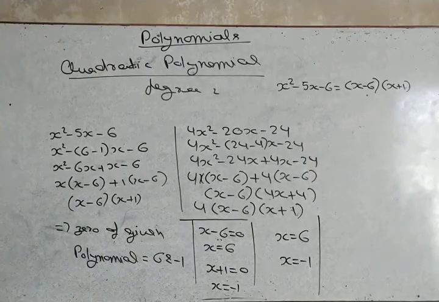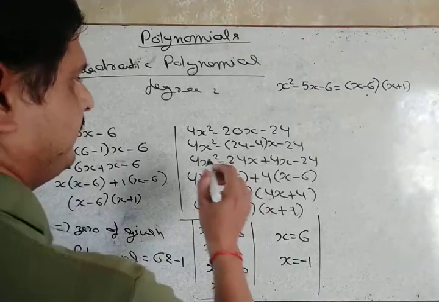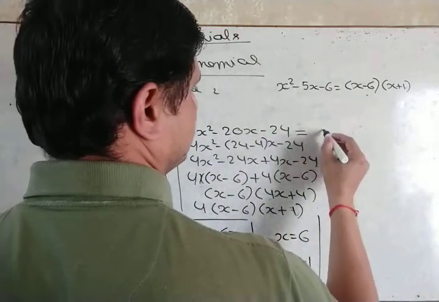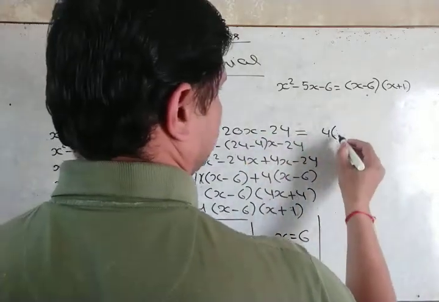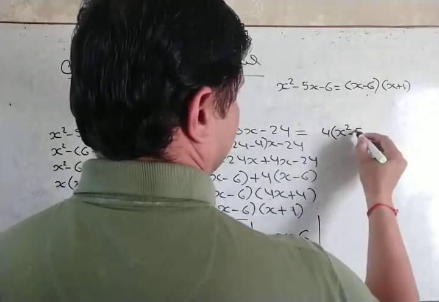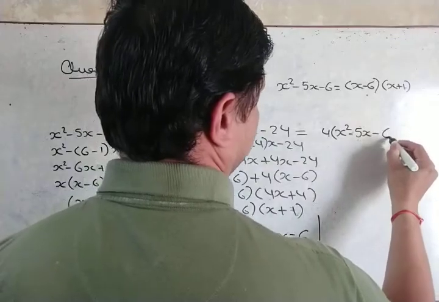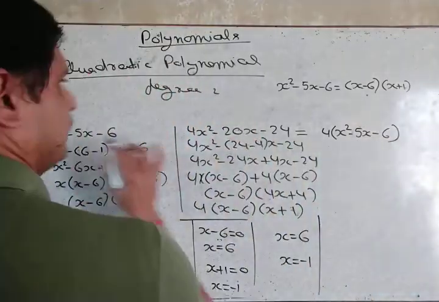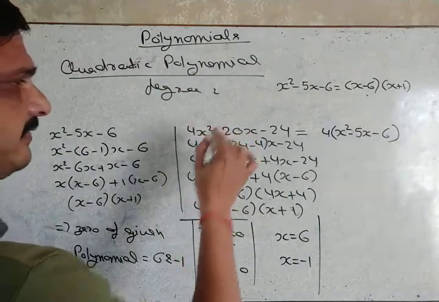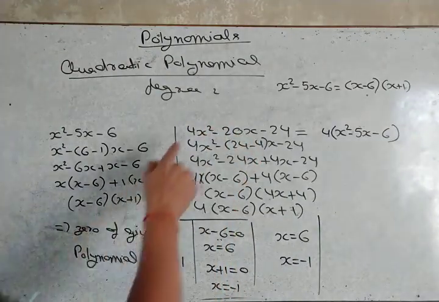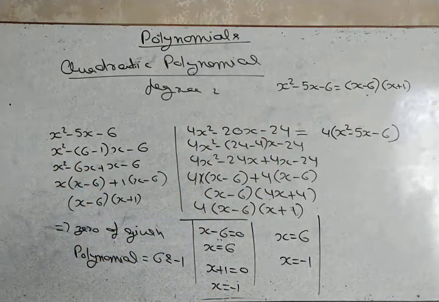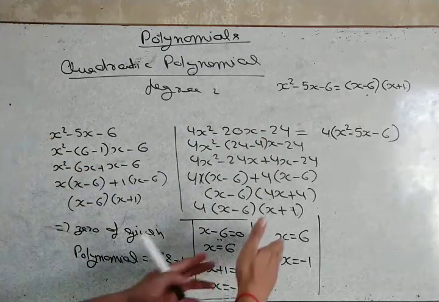So you can see, if we take 4 common from this equation, you will get x square minus 5x minus 6, the same polynomial. When we observe, the coefficients of these polynomials are different, but the roots are the same.